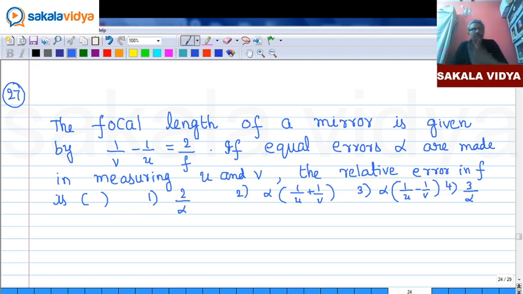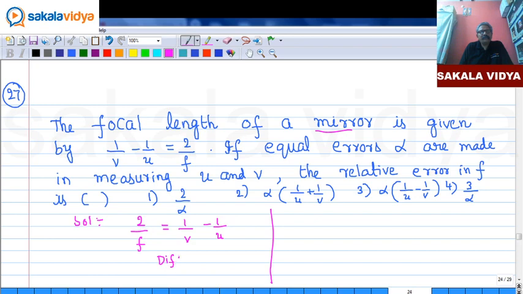So, now the focal length of a mirror is given by the formula 2 by f equal to 1 by v minus 1 by u. Differentiate with respect to v or u, any variable you could differentiate.